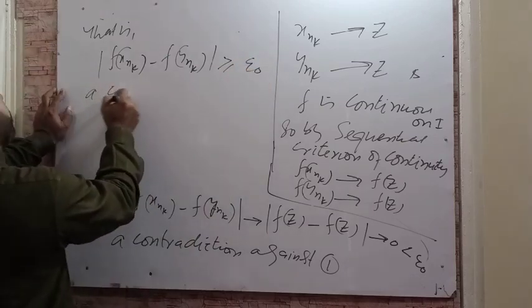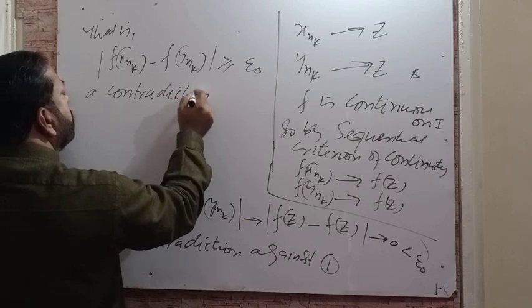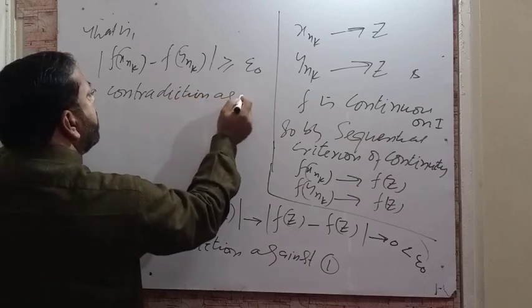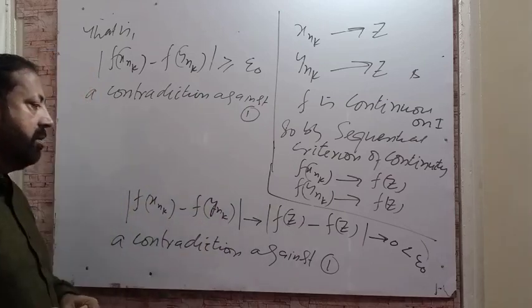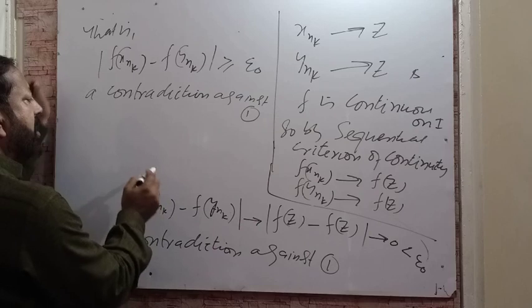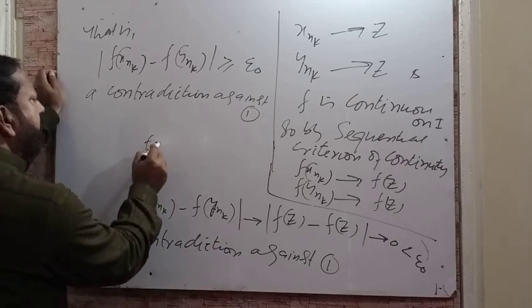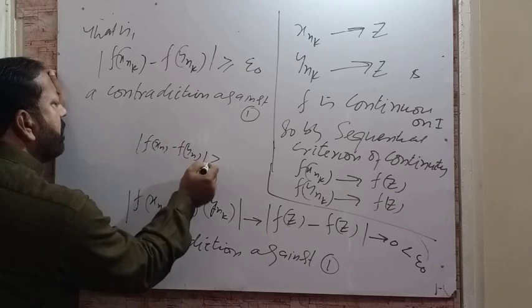A contradiction against 1. So what was your 1? In equation 1, you have established that |f(x_n) minus f(y_n)| is greater than or equal to epsilon naught.